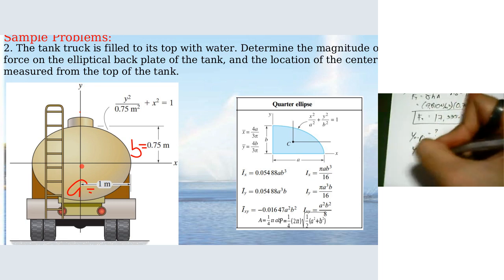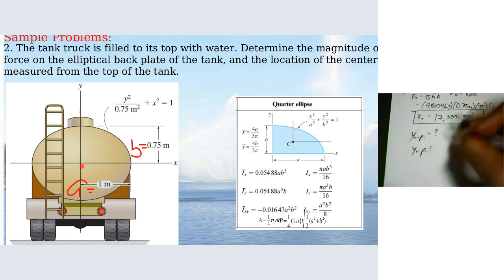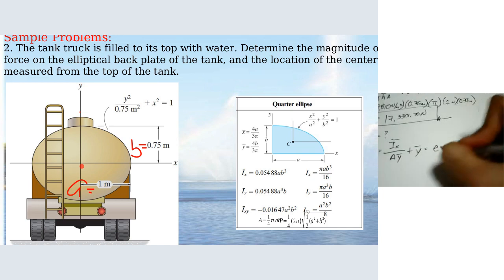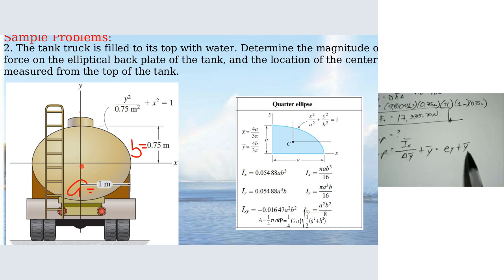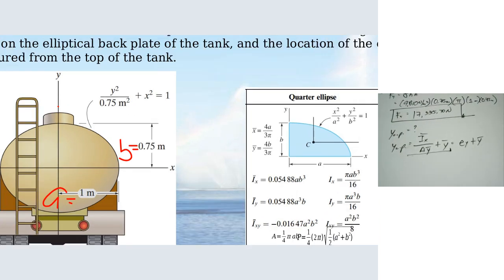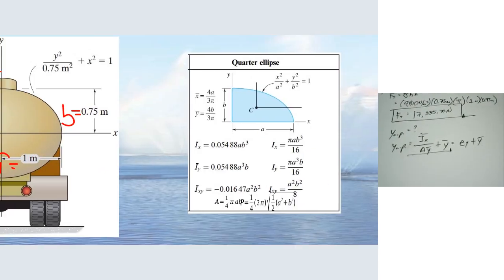Kunin na lang natin is yung Y sub tp. So recall, yung formula na dinerive natin kanina is Ix over A times Y bar plus Y bar, and this is also equal to the eccentricity along Y plus Y bar. Okay. So pwede natin gamitin ito. So, tingin lang tayo dito sa given.